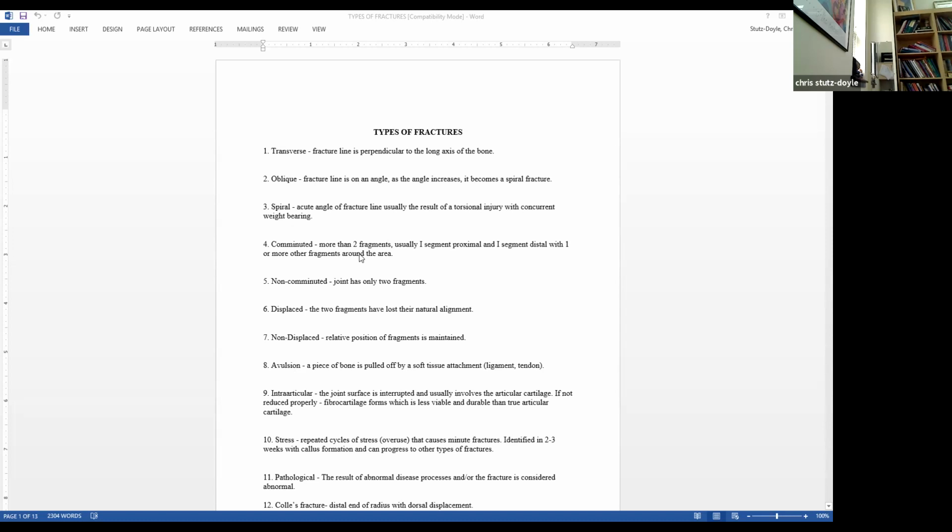A pseudo-Jones fracture occurs through a violent inversion sprain, where the peroneus brevis pulls off the lateral aspect of the fifth metatarsal, because that's where it inserts. If part of the bone comes off with it, that is known as an avulsion fracture. Okay.